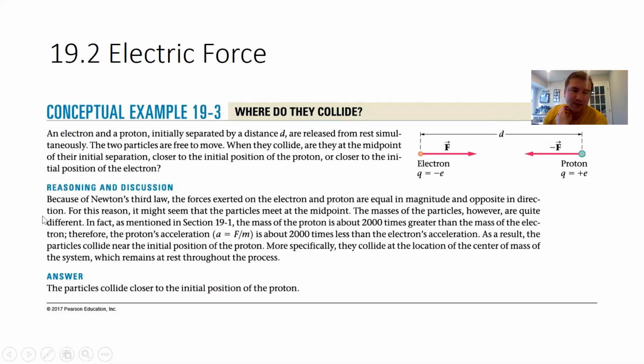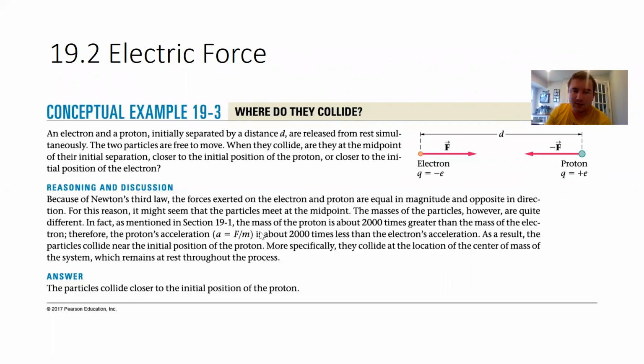If you read the reasoning down here: because of Newton's third law, the forces on the electron and the proton are equal in magnitude and opposite in direction. For this reason, it might seem that the particles meet at the midpoint. But the masses are quite different. In fact, as mentioned in 19.1, the mass of the proton is 2,000 times greater than the mass of the electron.